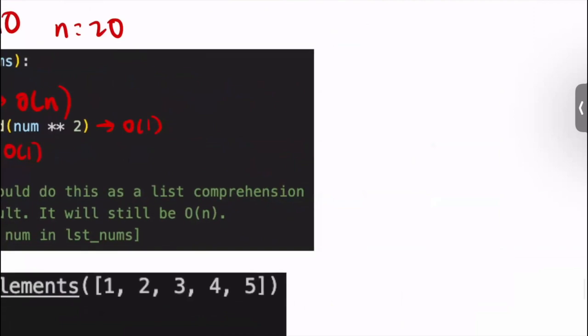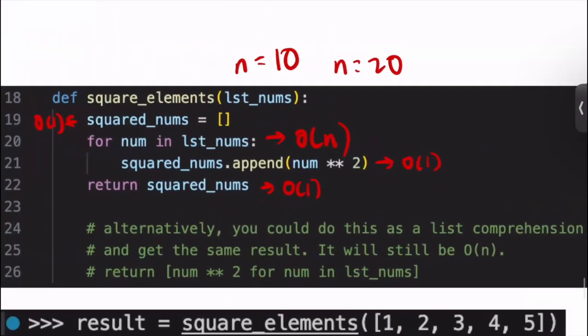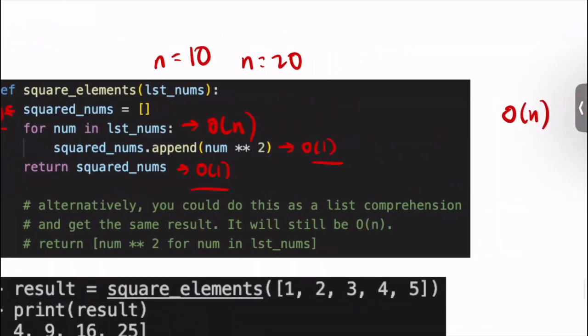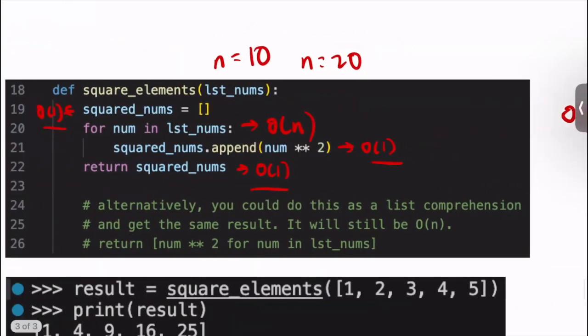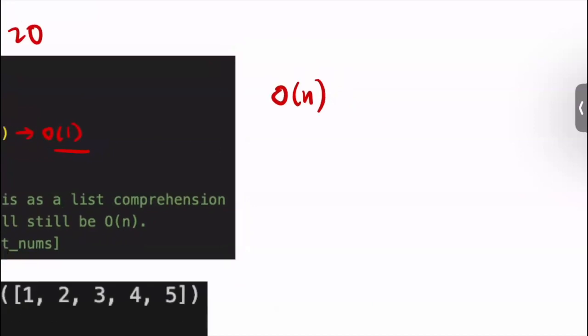Since the number of times we run the for loop is directly proportional to the size of the list nums, O(n) takes precedence over O(1), right? And since these are all O(1), the time complexity of this function is O(n), or linear time.